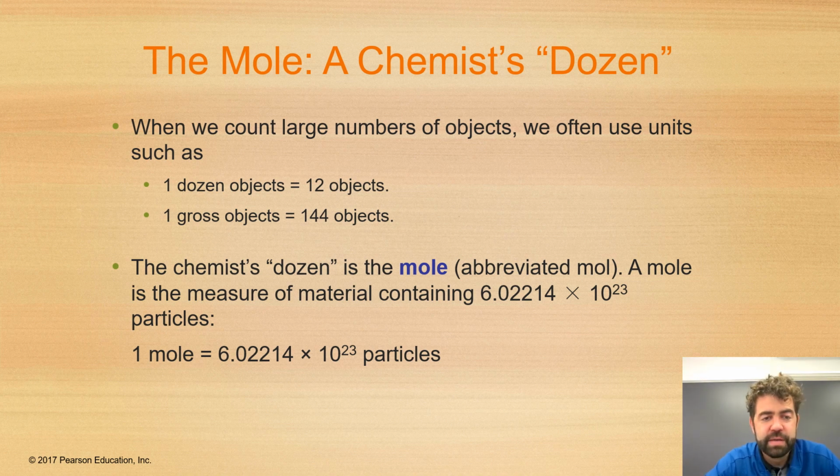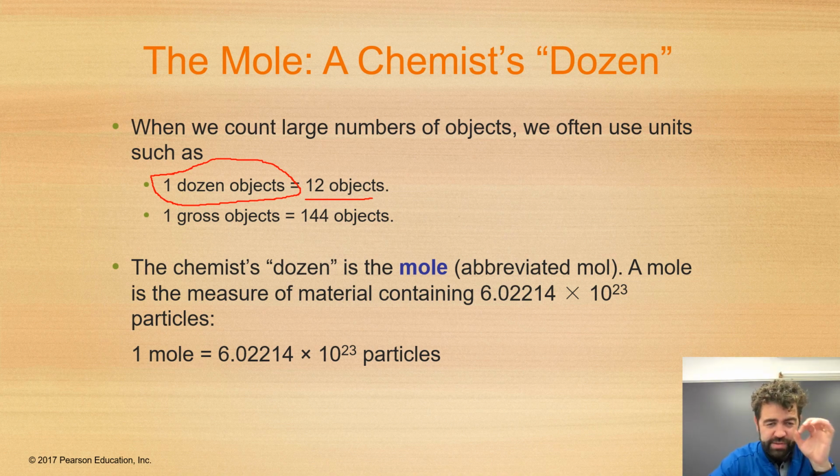And it's odd because if you think about it, a dozen is a number that describes just 12 objects, and we're talking about tangible things you can see. But particles are so tiny that we actually have to use a humongous number.